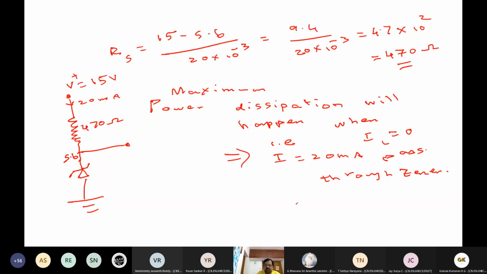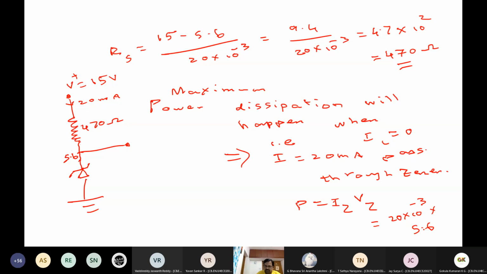flows through the Zener. So the power is simply 20 into 10 power minus 3 into 5.6.